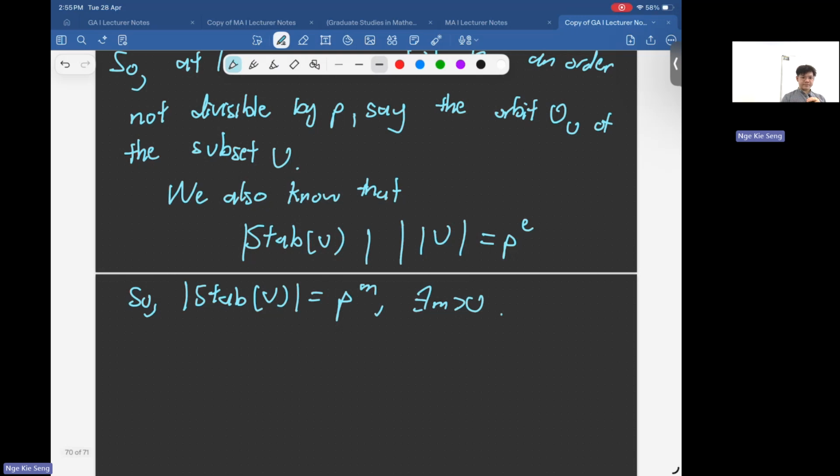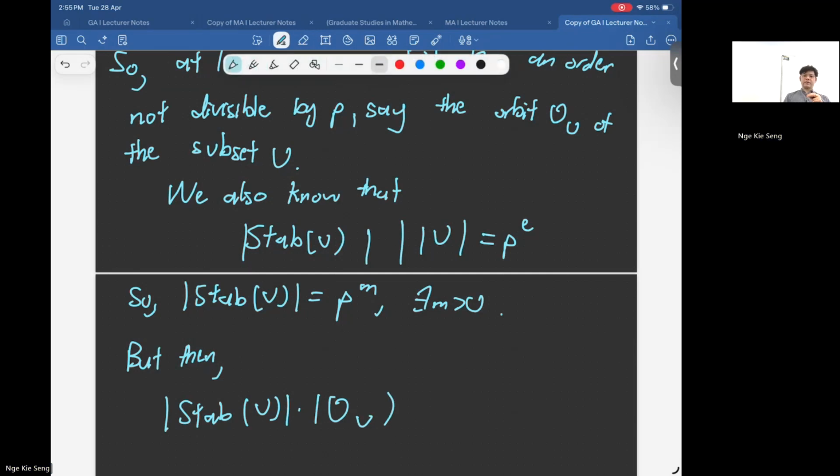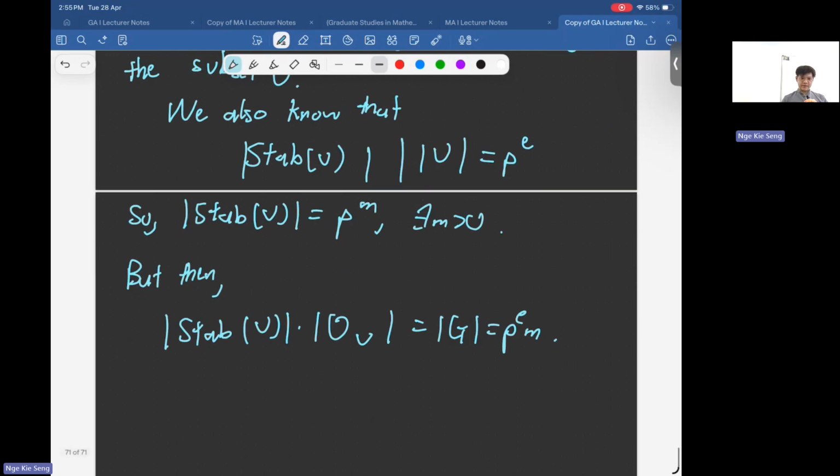But then, what do we know? The orbit-stabilizer theorem, right? If you multiply the order of the stabilizer with the order of the orbit, you should get your order of group, which is p to the e times n.